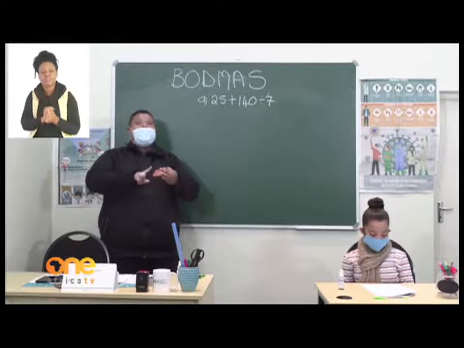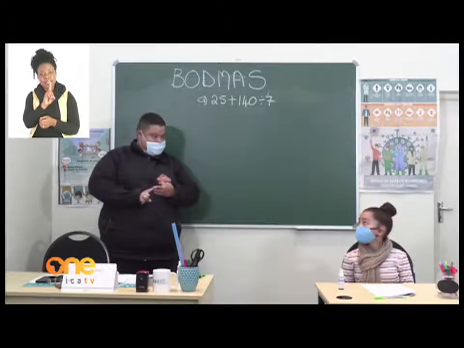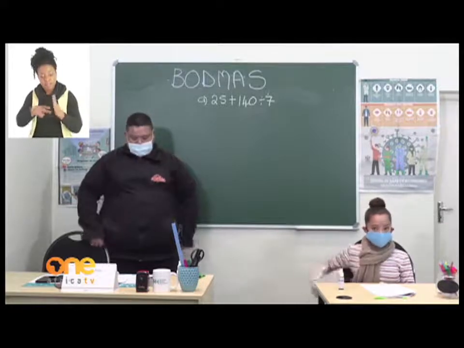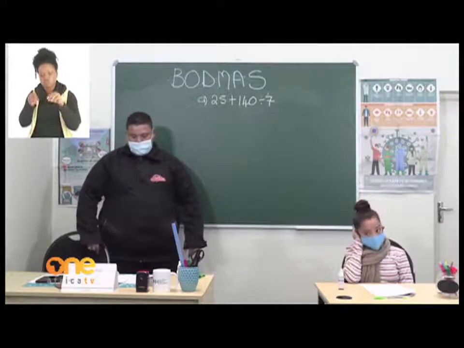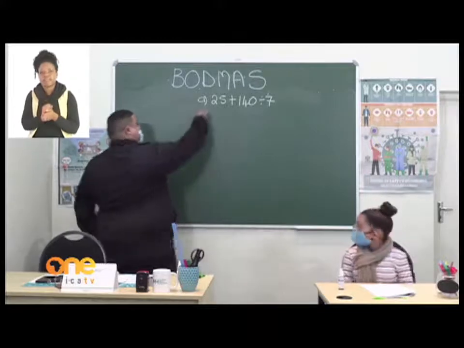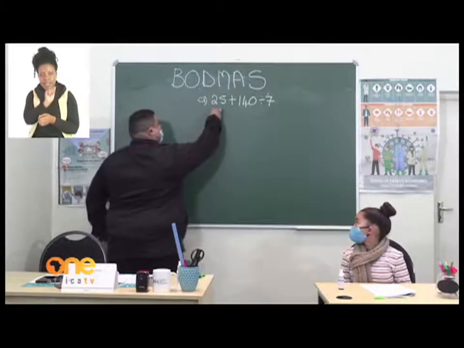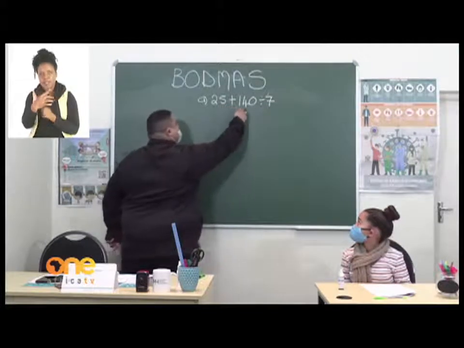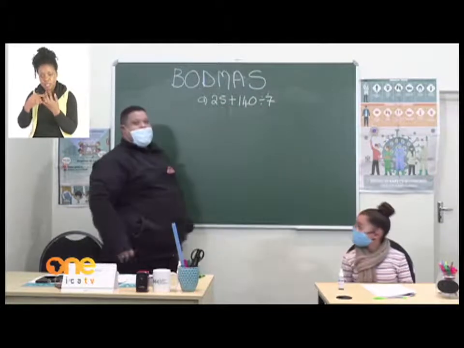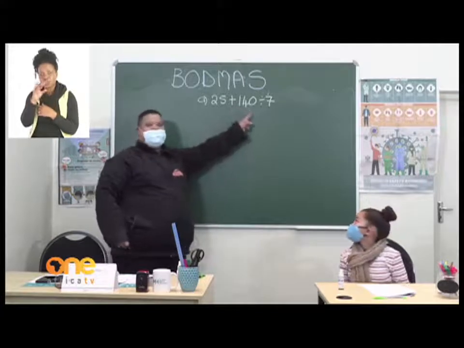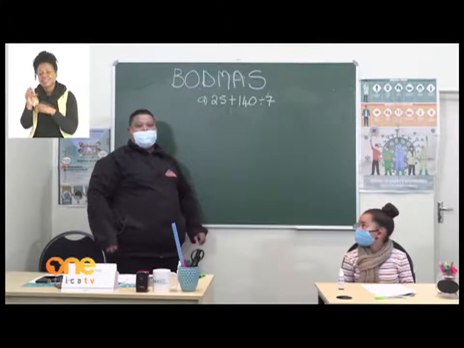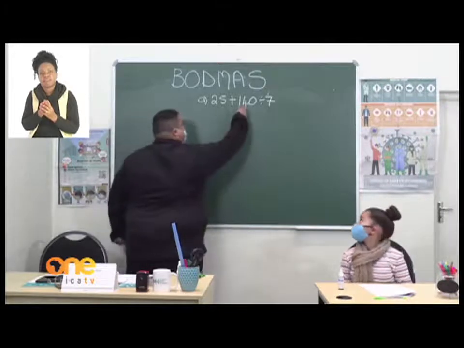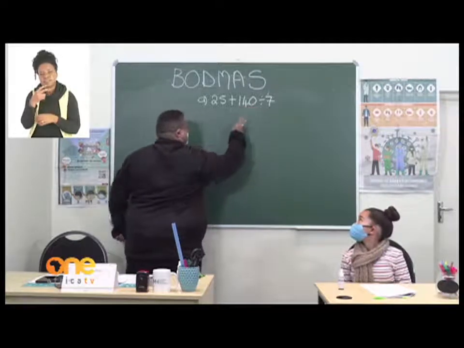No. Do we see division? Do we have a division sum? Yes. So that part of the sum we will do first. So we will say equals 25 plus. Now we will do the sum first, and we will say 140 divided by 7. And 140 divided by 7 equals 20.